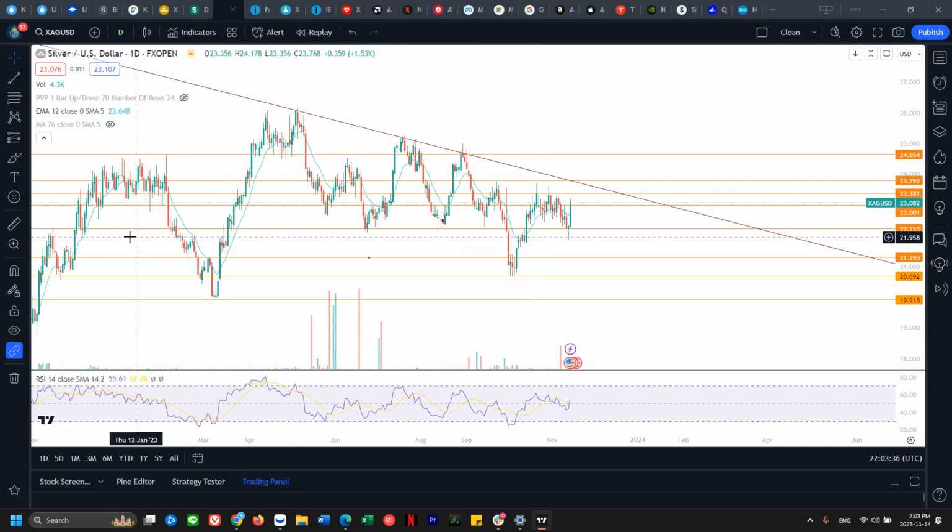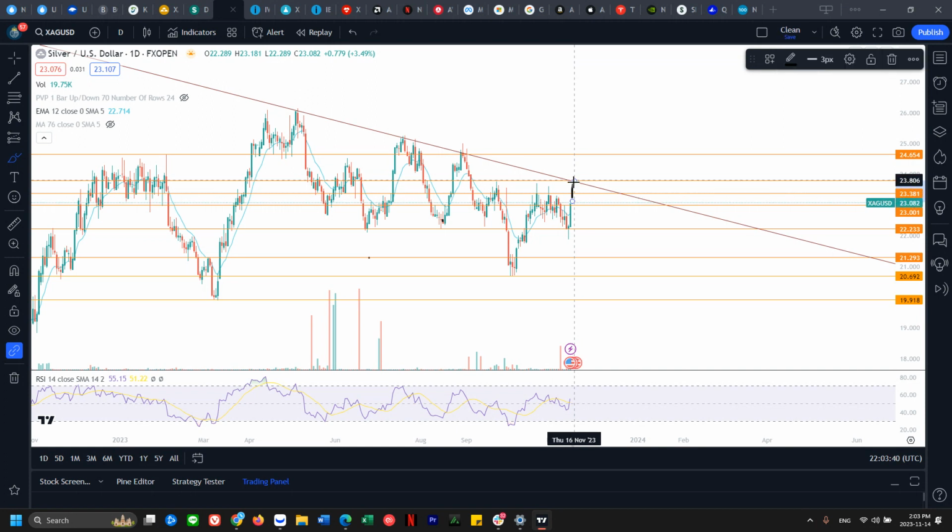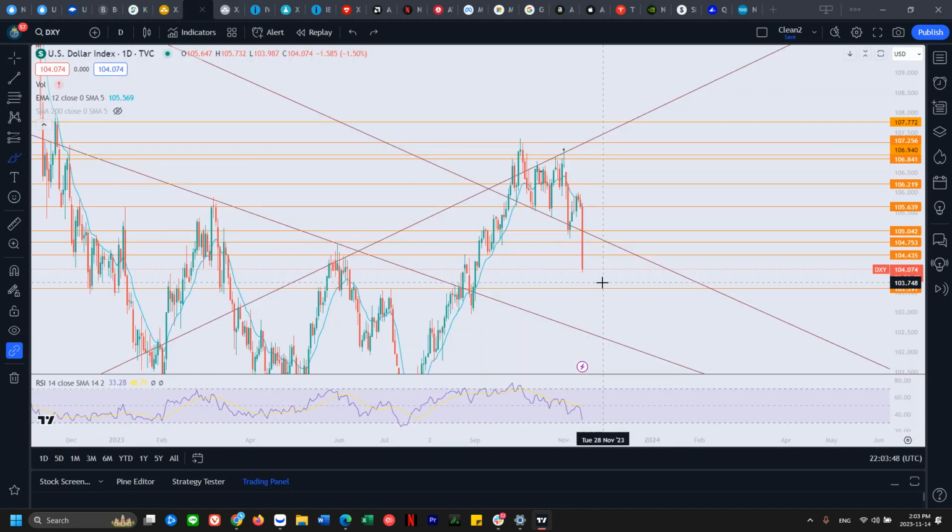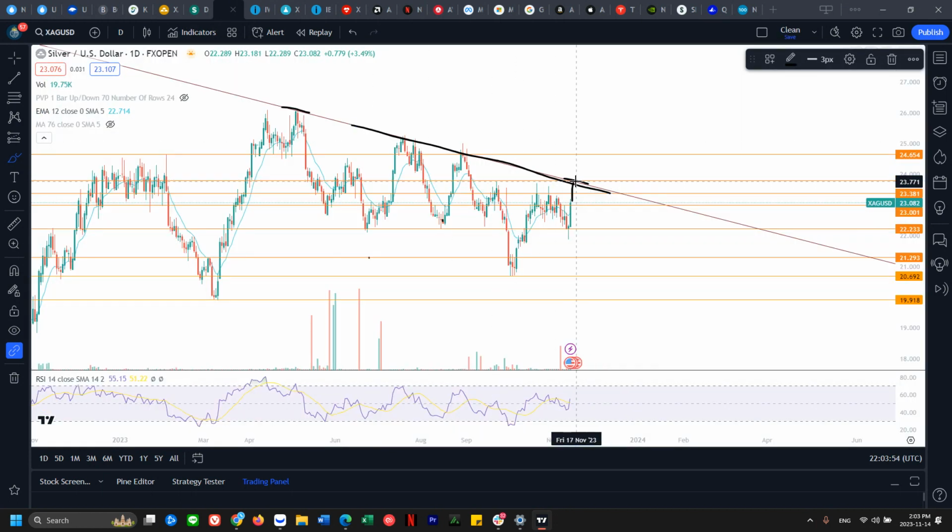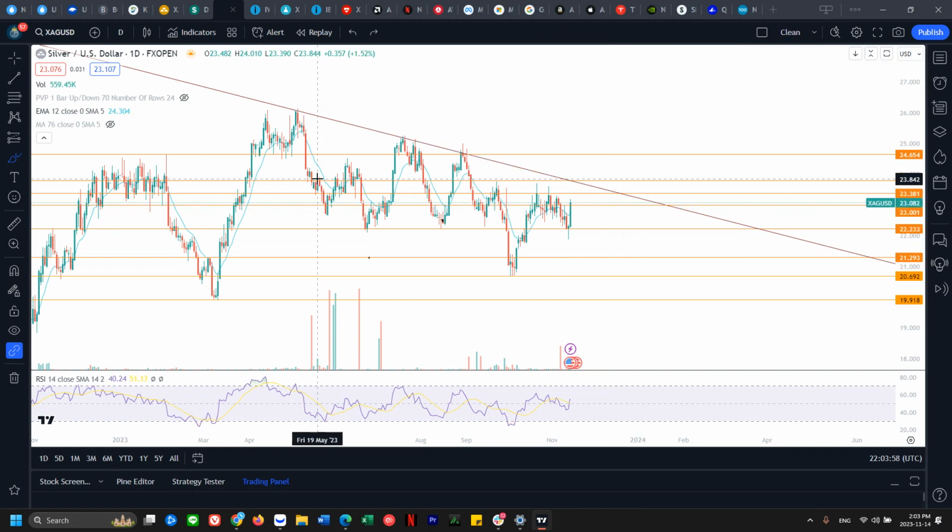Technically, let's say the dollar drops right to that 103 level. Silver has another big candle right there, hits its prior resistance. This is resistance, resistance, resistance, resistance. And then when the dollar bounces from this 103.5 zone, silver may also reject from that resistance at the same time. I have to keep watching both of them to see if it does that.